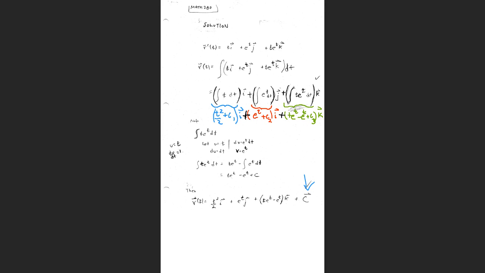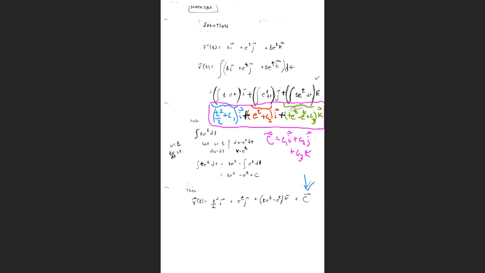So you see, if you were to multiply all this out here, the constant vector c would be c1 times i plus c2 times j plus c3 times k.